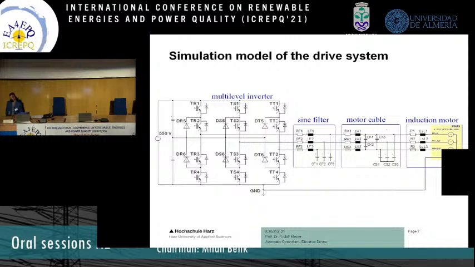The simulation model of the switches is integrated into the complete model of the drive system, and the complete model consists of the multi-level inverter, the motor filter, the motor cable, and the induction motor itself.